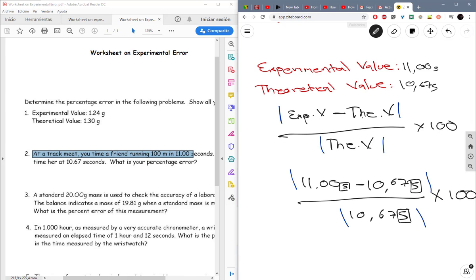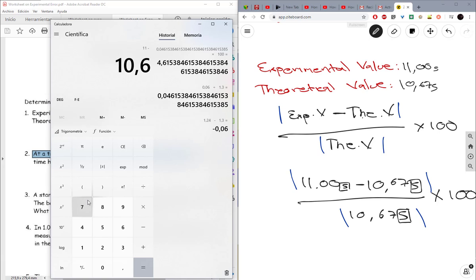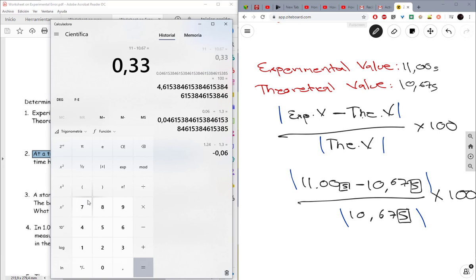Let's make that operation. Let me put the calculator in 0, 11 minus 10.67, 0.33. Look, this became this.